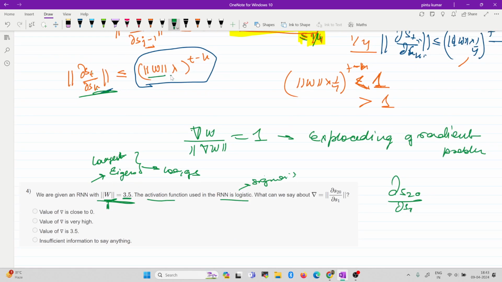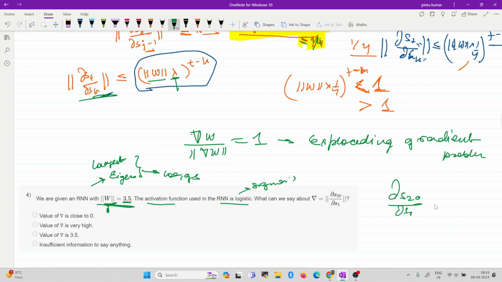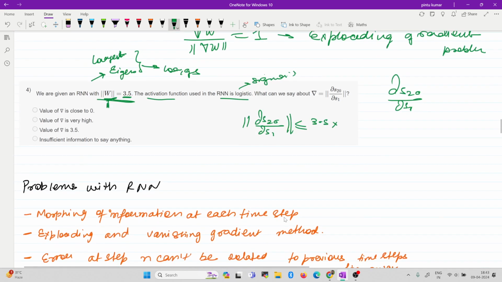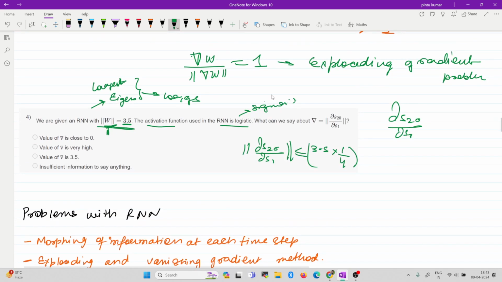It was norm of W into the norm of the diagonal matrix. So this is less than equal to norm of W, which is 3.5, times, as I said, for sigmoid activation function this value is 1 by 4, into 1 by 4, raised to the power t minus k.